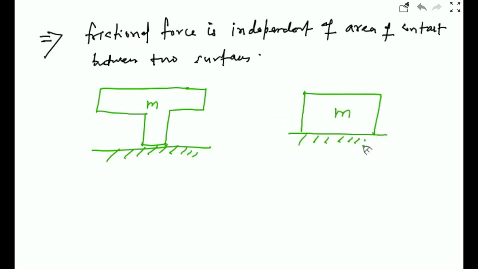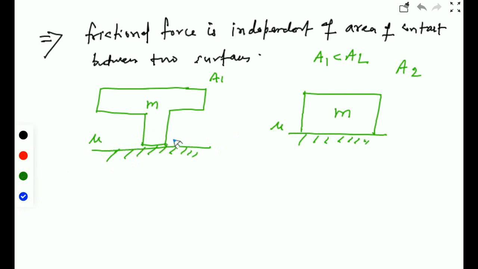Here the contact area is A2 and there it is A1, so A1 is less than A2. Of course, suppose they are the same material, so mu is the same for both cases.